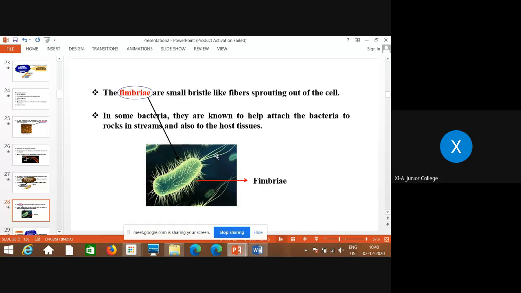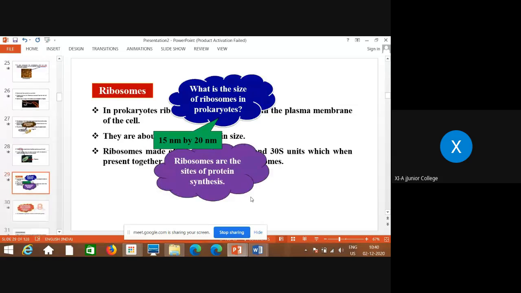Here you can see the flagella as well as fimbriae in this diagram. This is the tuft of flagella, large extensions, and these small bristle-like structures are called fimbriae. Now the next is the ribosome, which is considered a non-membranous structure present in both prokaryotic and eukaryotic cells.